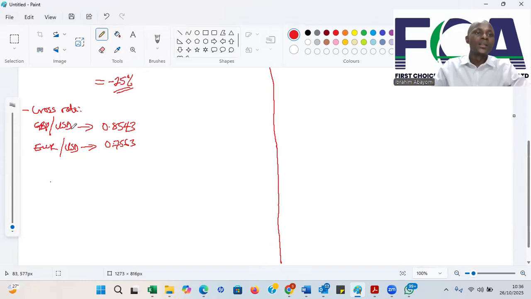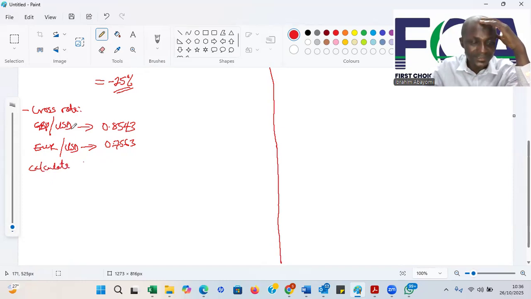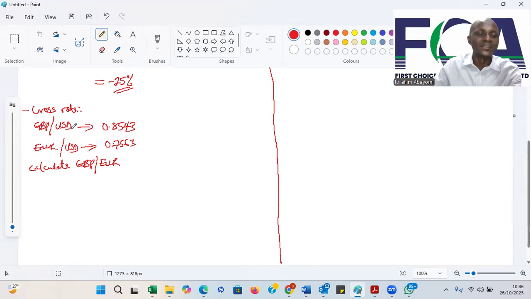Now, I want to calculate the exchange rate, GBP to euro. Calculate the GBP to euro exchange rate.